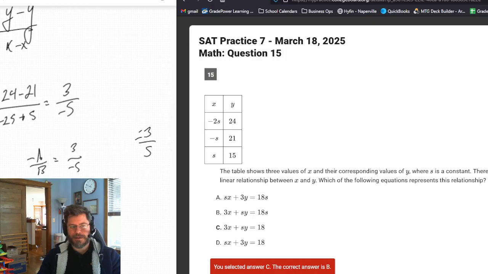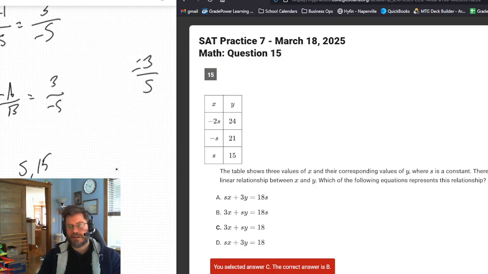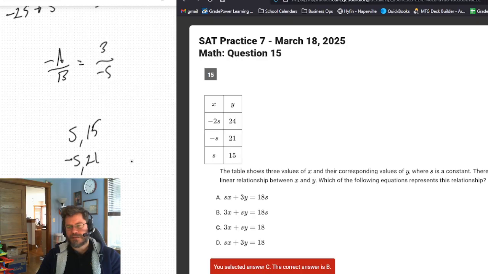Because these are coordinate points, right? So if I have s, 15 and negative s, 21, that went down by a factor of 2s and up by, so the change there, yeah, 6 over negative 2s, but that doesn't help me. That just gives me the same slope again.